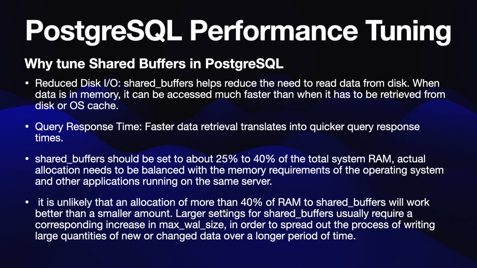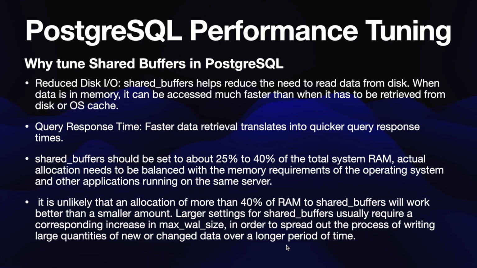One important thumb rule is there. You need to allocate 25% to 40% of your total system RAM. So the question is, what should be the ideal value for the shared buffer?